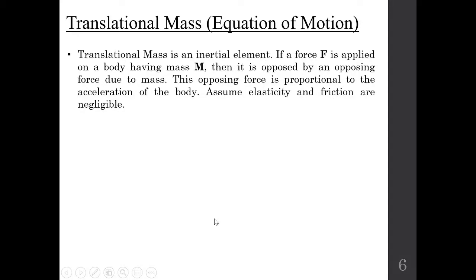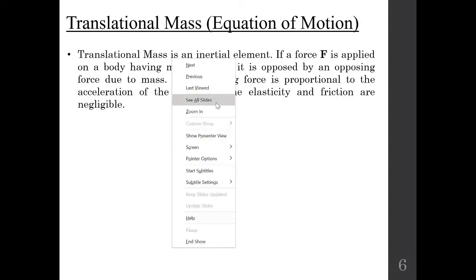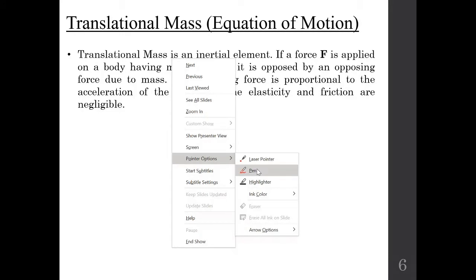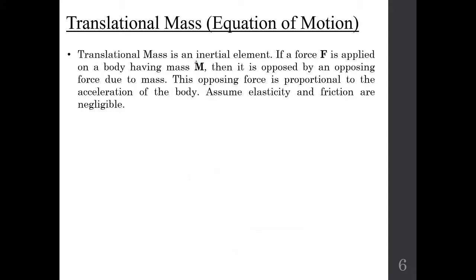Let us move on to how we can develop equations of motion for the translational mass, spring and dashpot. We are going to start with the translational mass. The translational mass is an inertial element.